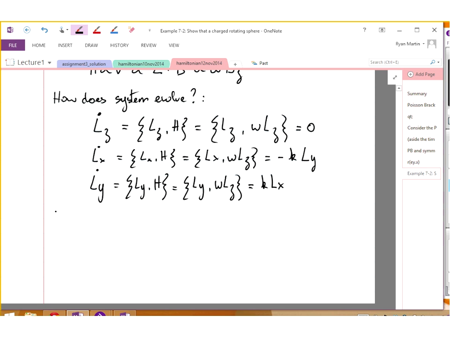Okay. So now compare this with the equation for a particle in uniform circular motion.